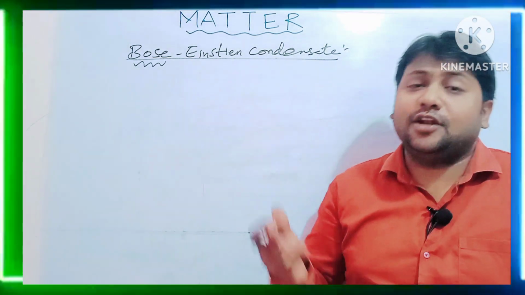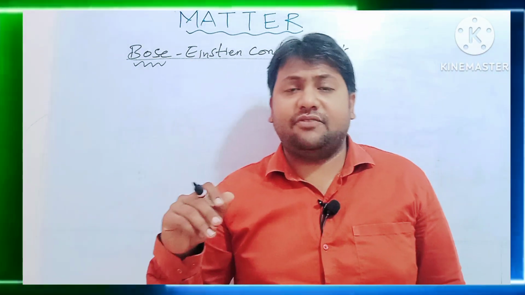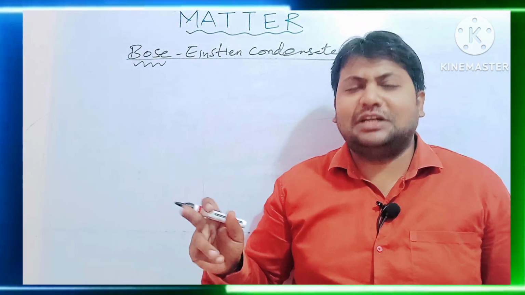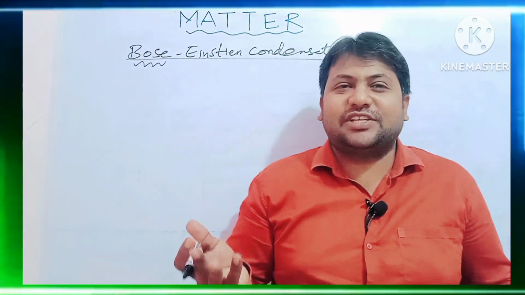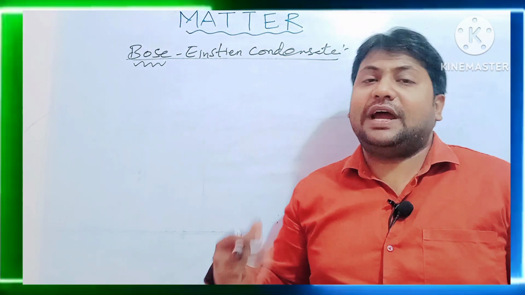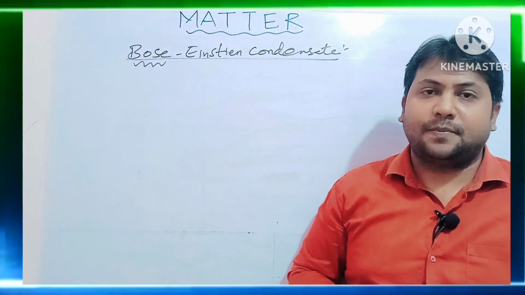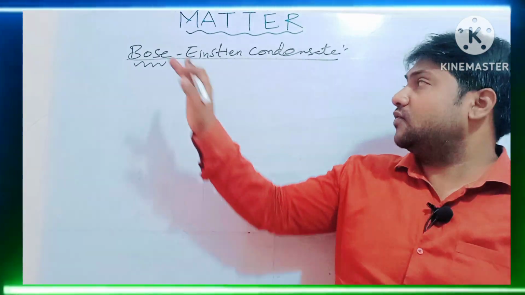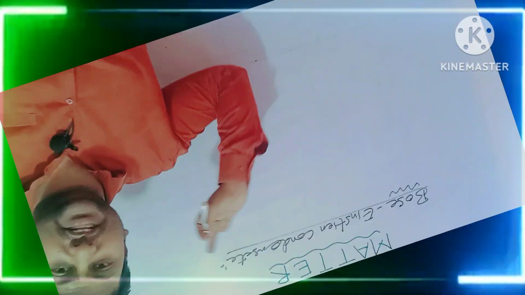Then Einstein, in those days, maybe around 1925, started thinking more about this, and he thought that there may be something useful which can be made into a new matter. So slowly he developed this new state, Bose-Einstein condensate.